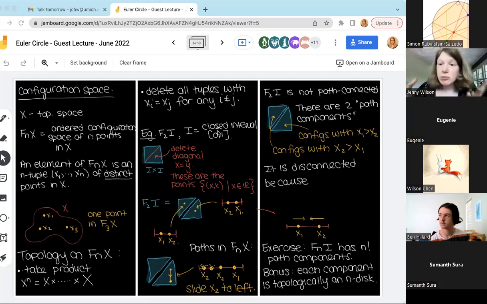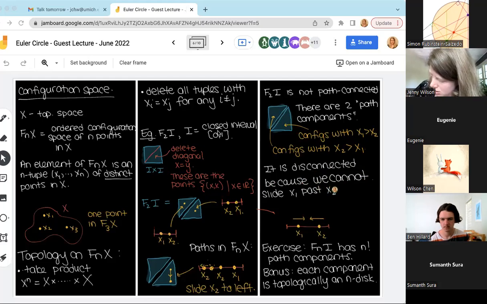And the reason the space is disconnected is because we cannot slide the point x1 past x2 without having a collision of particles, which is not allowed in configuration space.